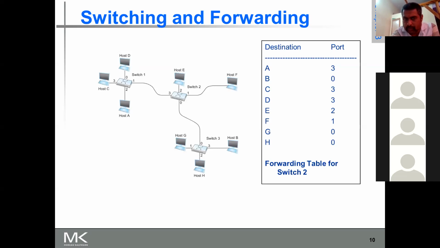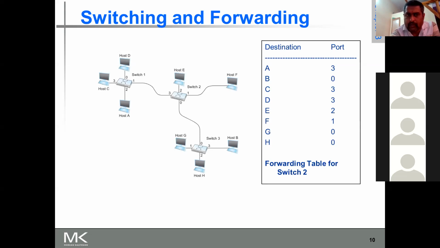Once it goes to this particular router, the router will take a decision as to which port it should be forwarded. What is the work of this switching table? If it wants to send a packet to A, it will send the packet to switch 1. Switch 1 is connected to port 3 here, so keep that in your mind.